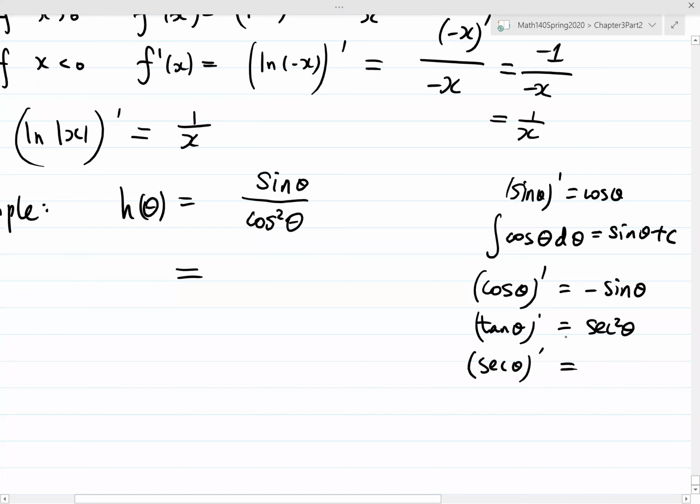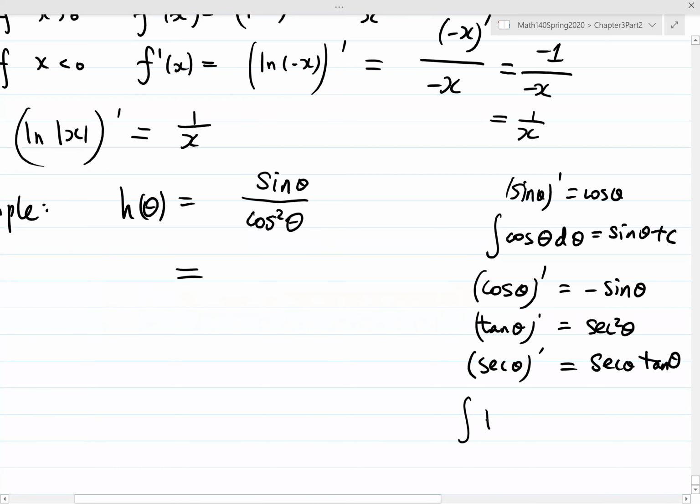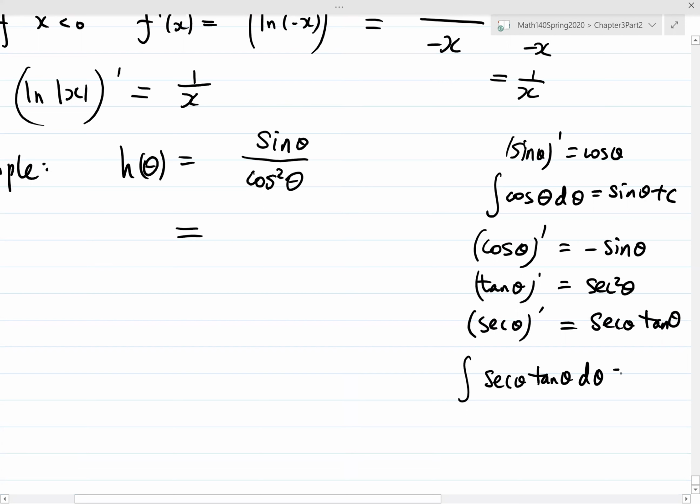What is the secant derivative? Remember, the derivative of secant is secant theta tangent theta. So we use the antiderivative table. Then the antiderivative of secant tangent d theta will be secant theta plus constant c.